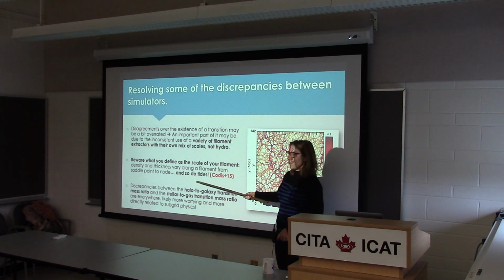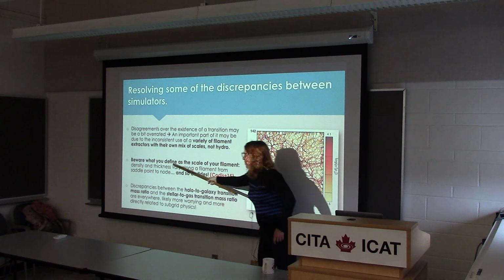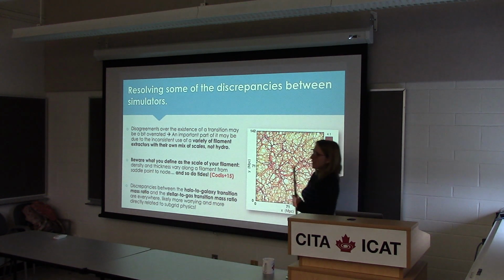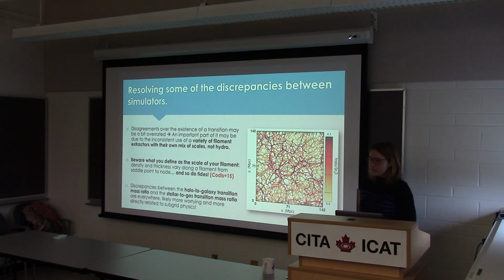And so do tides; we saw that at the beginning. Tides vary along the filaments. So when you're using those two, you're not really probing different scales of filament, you're also probing different locations in the filament. So the hidden complexity explains a lot of the discrepancies.